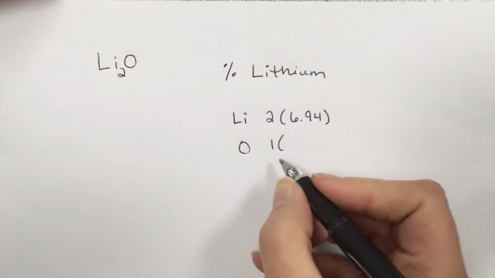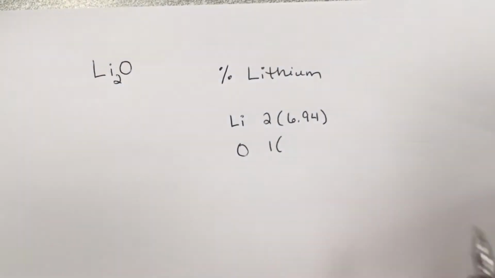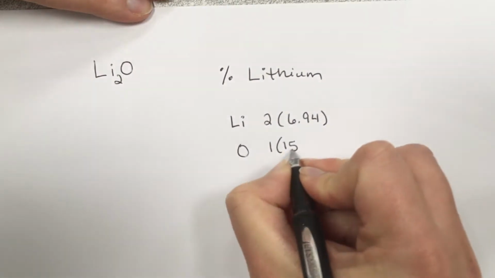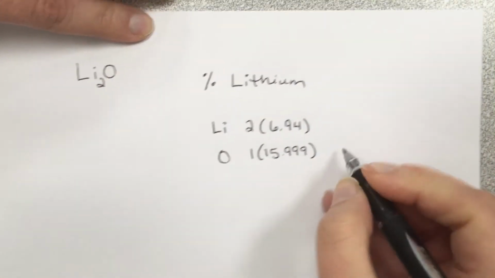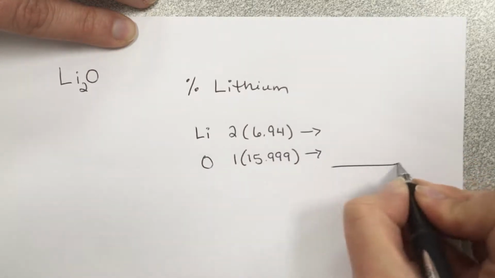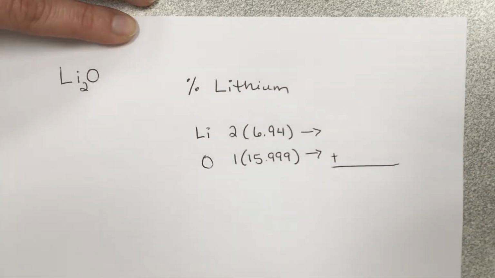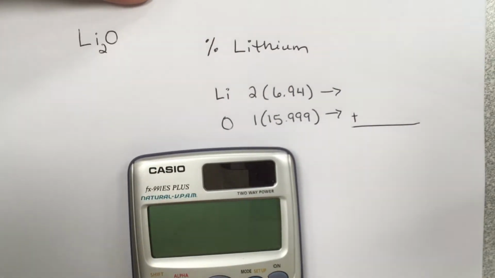And oxygen is 15.999. So we're going to find out how much each of the atoms contribute, and then we will calculate it and add it.